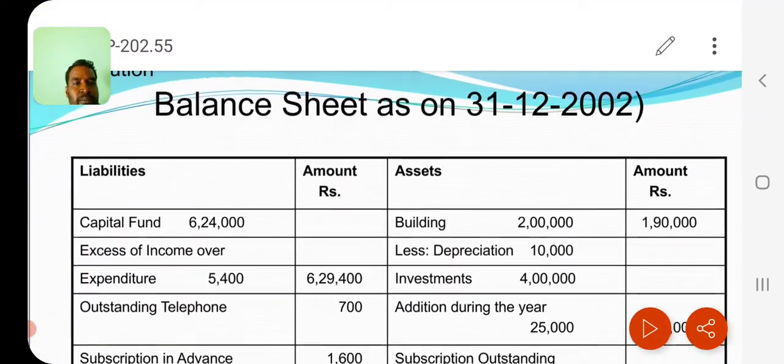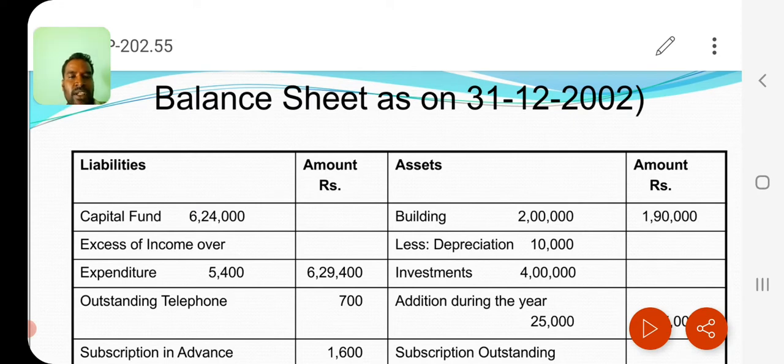So see here, already we posted that capital fund 6,24,000. If we get surplus from income and expenditure, that should be added to capital fund. If we get deficit from income and expenditure, that should be deducted from capital fund.